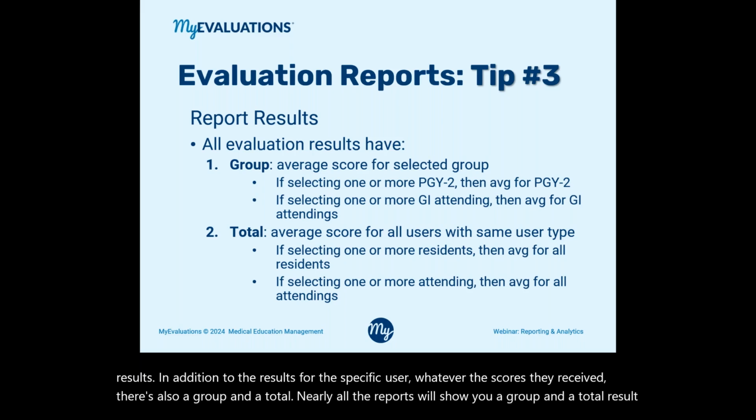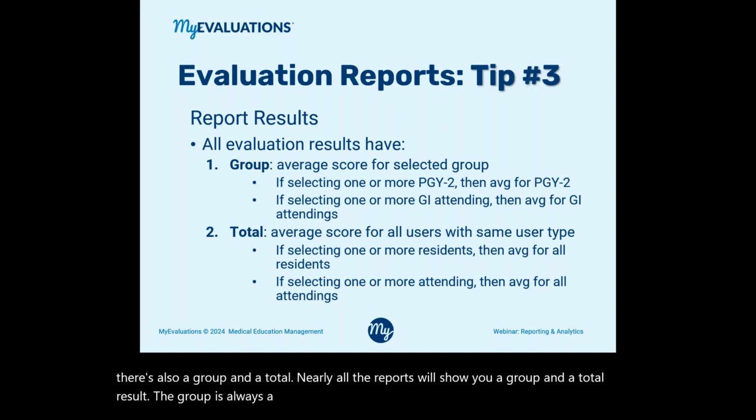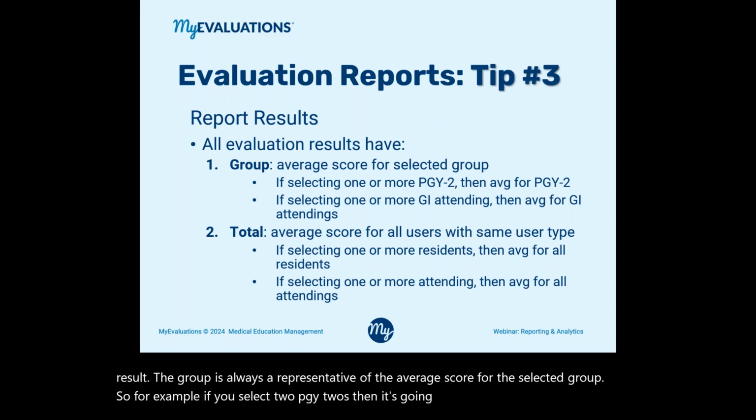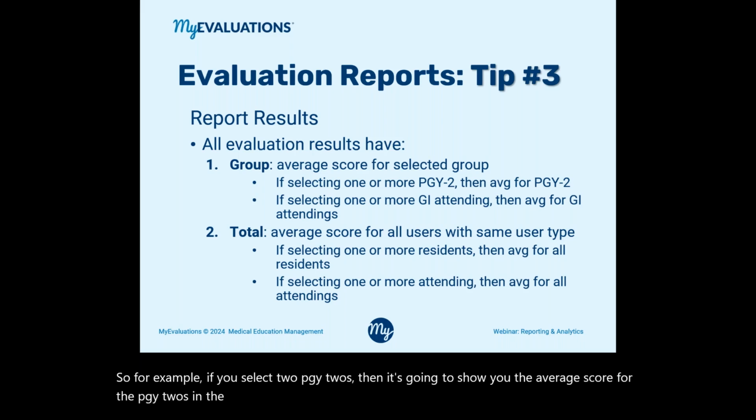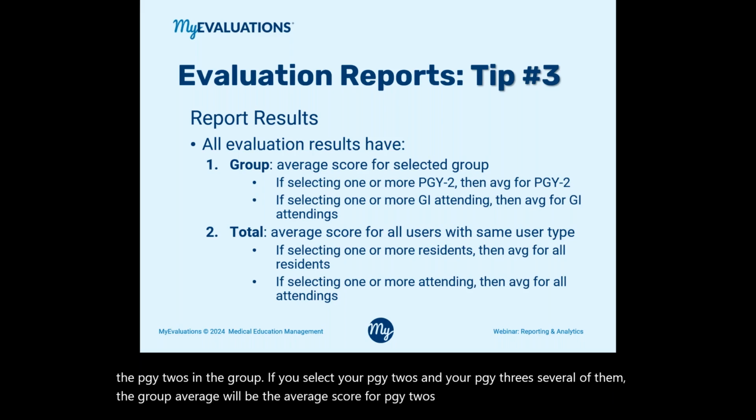The group is always a representative of the average score for the selected group. So, for example, if you select 2 PGY2s, then it's going to show you the average score for the PGY2s in the group. If you select your PGY2s and your PGY3s, several of them, the group average will be the average score for PGY2s and 3s together.